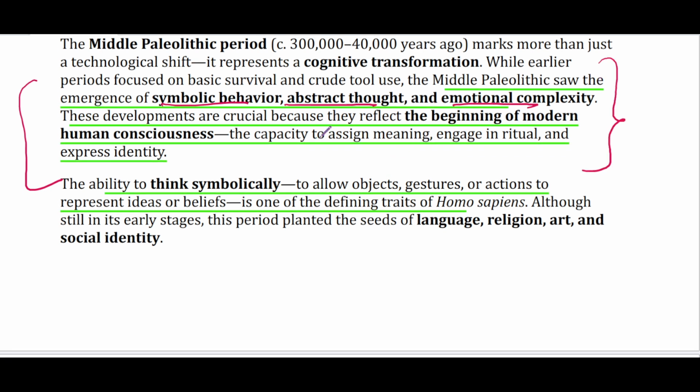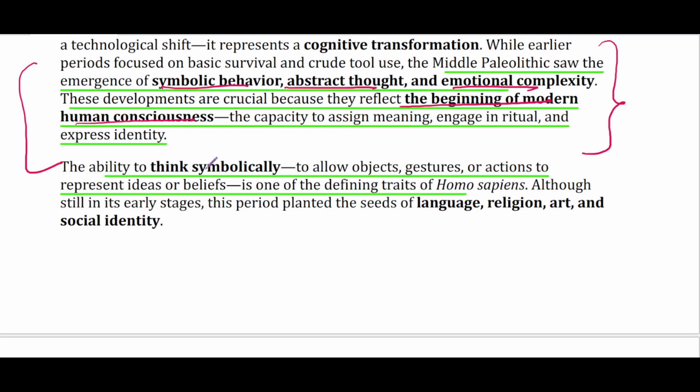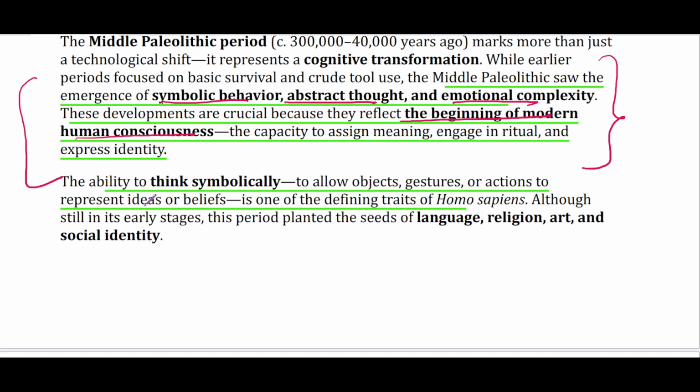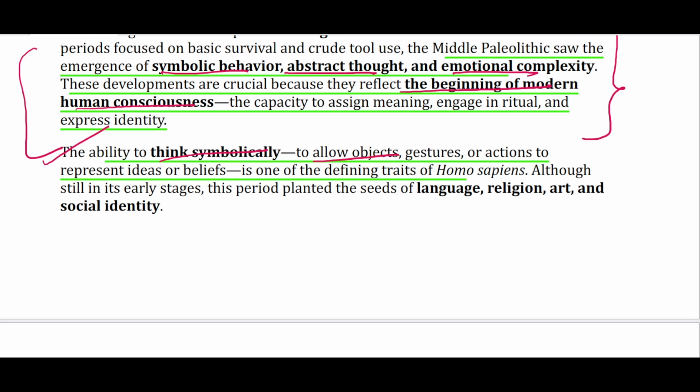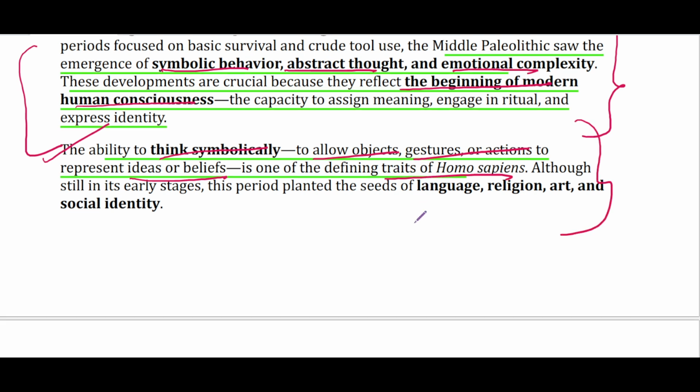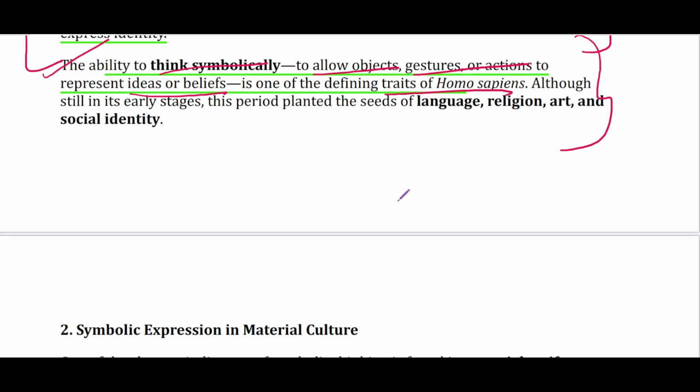These developments are also crucial because they reflect the beginning of modern human consciousness. So, in other words, symbolic behavior includes the ability to think symbolically, which means to allow objects, gestures, or actions to represent an idea or belief, which is a defining trait of Homo sapiens, and that trait is absent in both Homo habilis and Homo erectus.